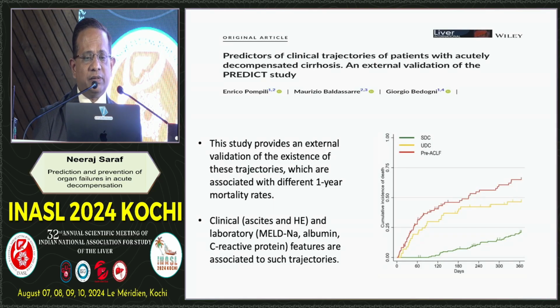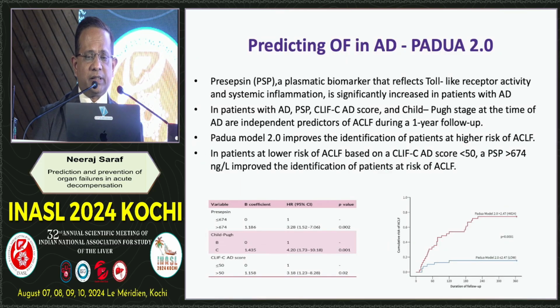This is again a study which validated external validation of the PREDICT study, which was published in Liver Transplantation. Another model, which is the Padua 2.0 model for predicting organ failure in acute decompensation.